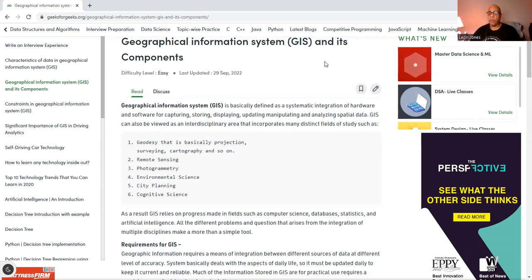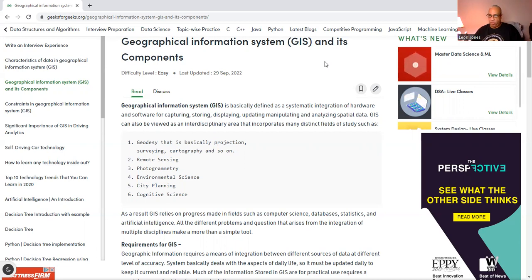Now, a number of individuals would look at it as just employing geography and cartography, which deals with maps. That is one aspect of it. However, as I go on, yes, geodesy. That's number one. That is basically projection, surveying, cartography. Cartography deals with map making.